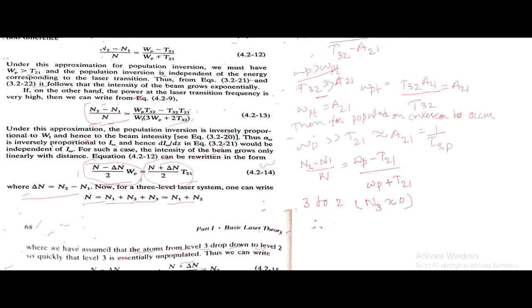Therefore, the equation N1 plus N2 plus N3 equals N becomes N1 plus N2 equals N.